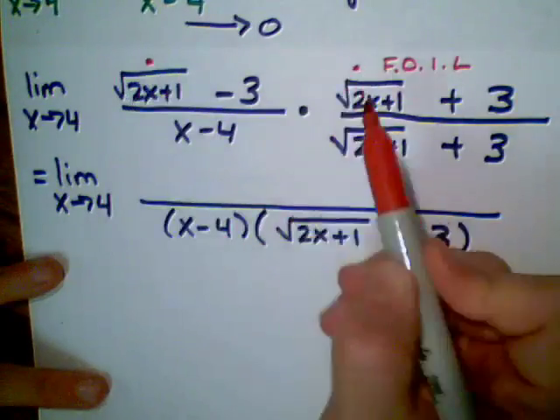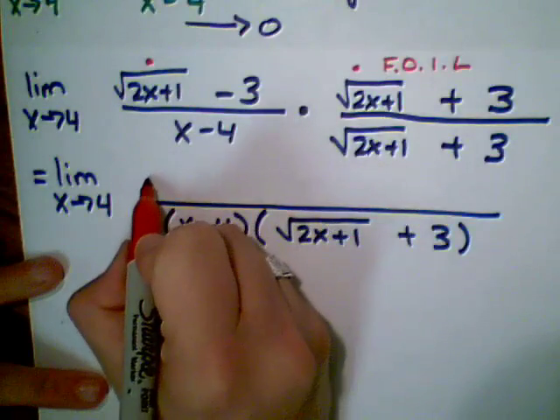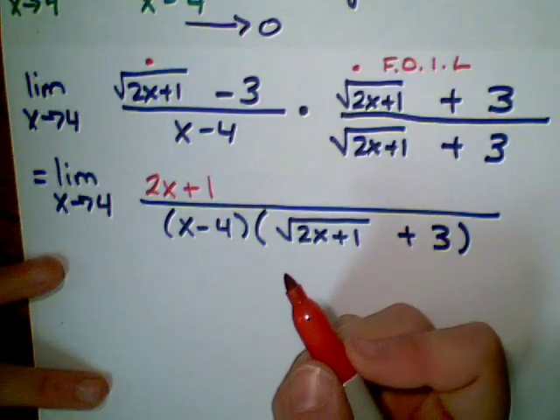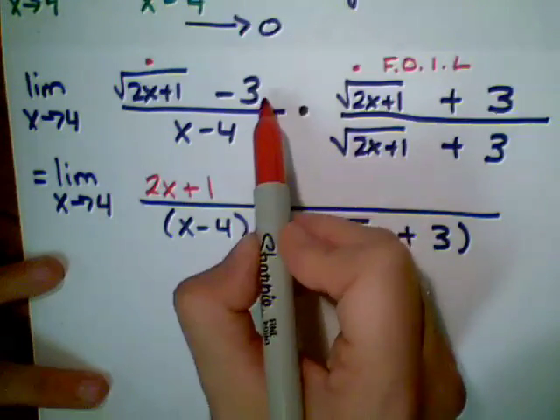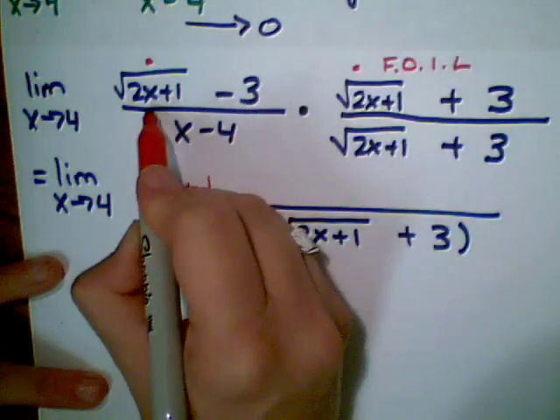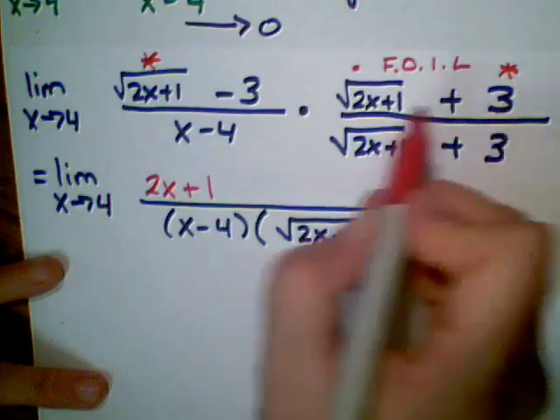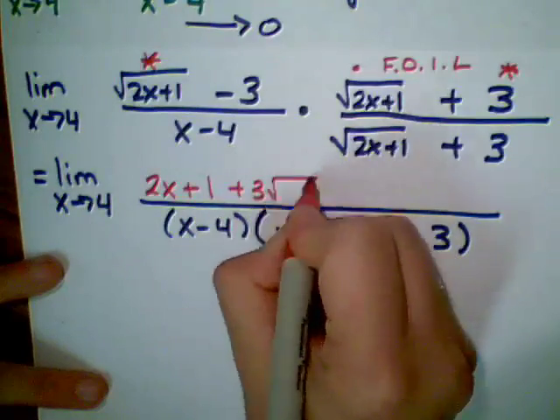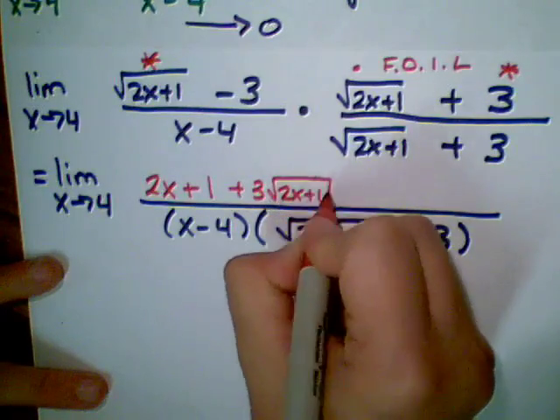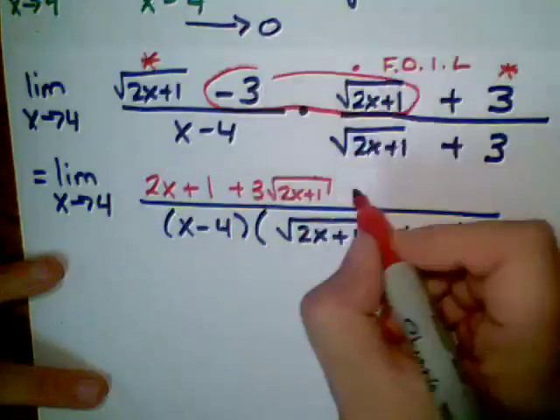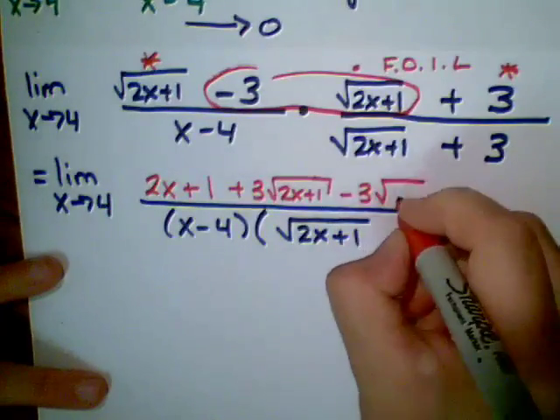I'm going to take the product of the first 2 terms. The radicals go away and I'm left with 2x plus 1. I'm going to take the product of the outside terms. That'll be positive 3 times square root. Then I'm going to take the product of the inside 2 terms. That'll be negative 3 times the square root.